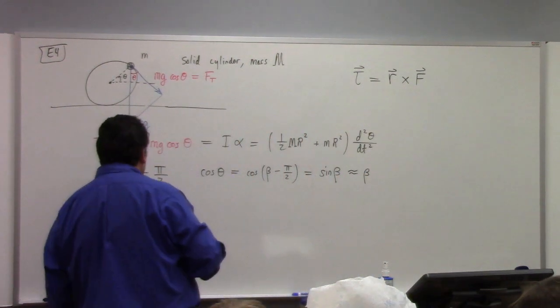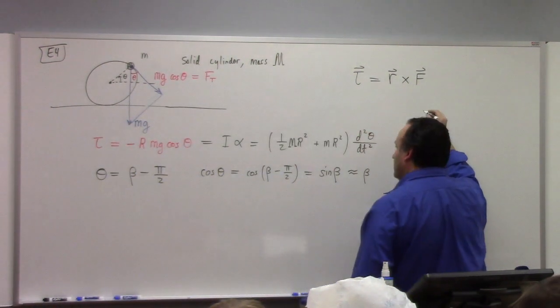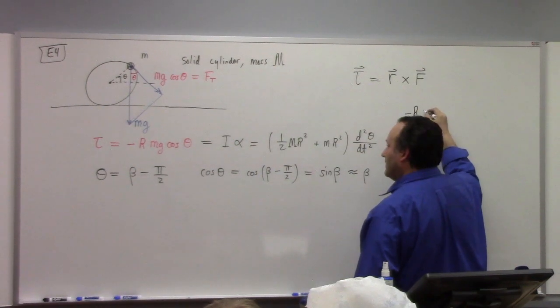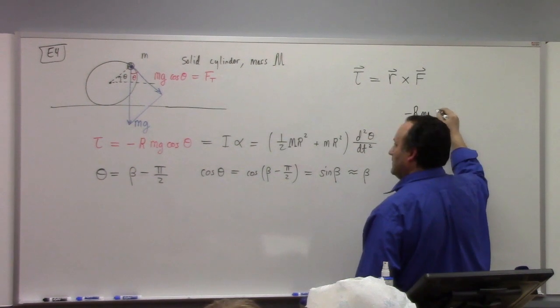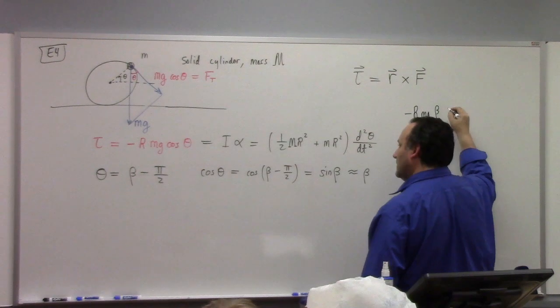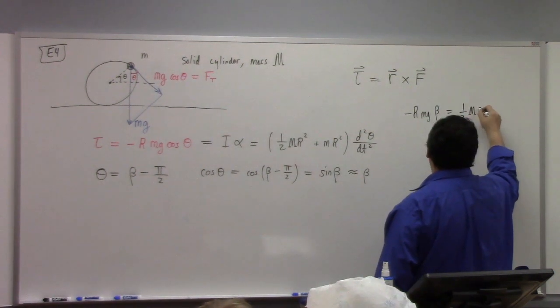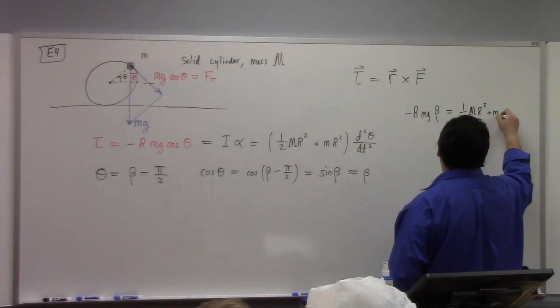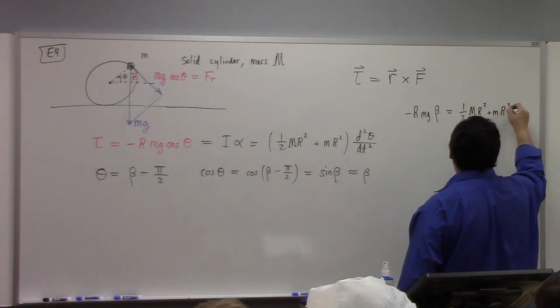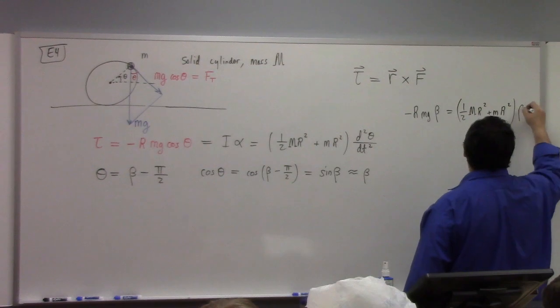And in this context, we have the following. We have minus r mg beta equals 1/2 M r squared plus little m r squared times beta double dot.